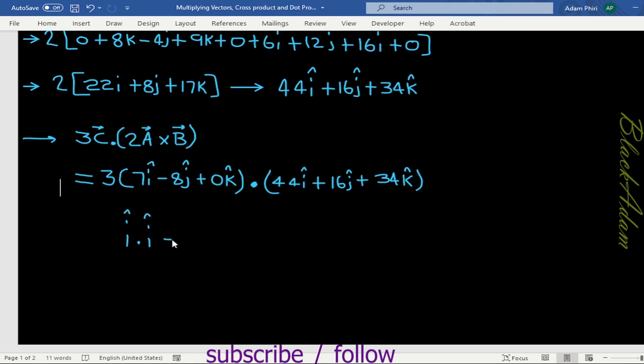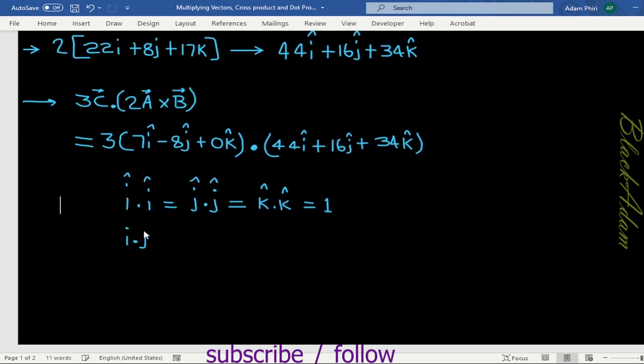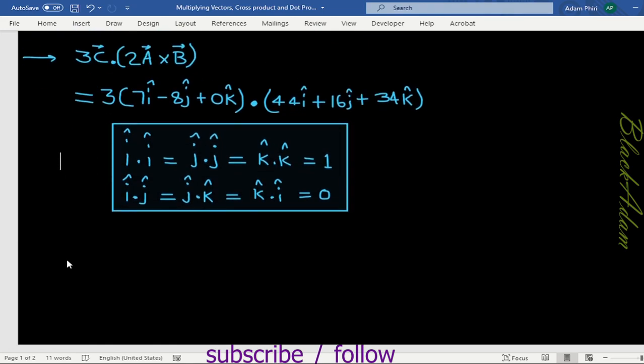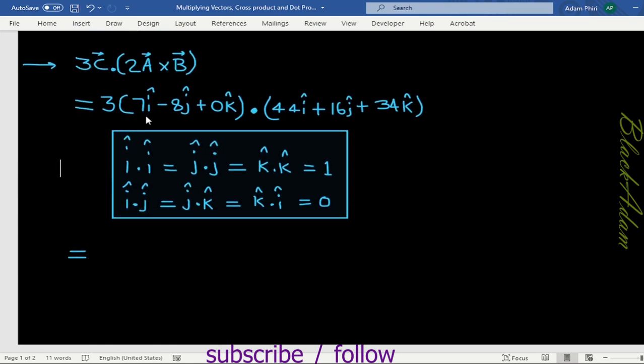And then what we do, we use the tables. So i dot i is equal to j dot j, equal to k dot k, and that will be equal to 1. So like terms give us 1, and all vectors that are not alike, i with j, j with k, k with i, when the vectors are not of the same kind, that's 0 when you dot multiply them. So the dot product will give you 0. Then from there, let's execute.